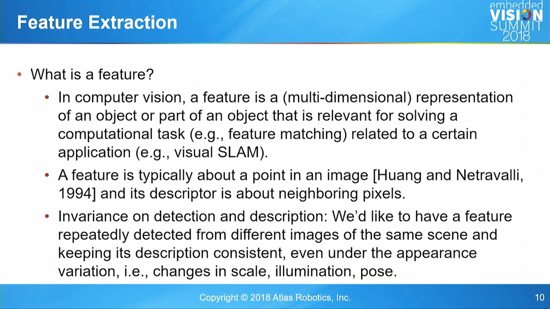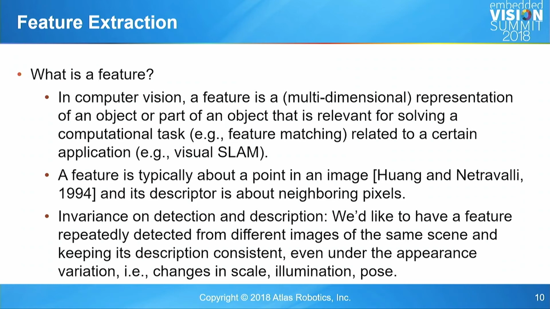So the visual feature, in computer vision, is a multi-dimensional representation of an object or part of an object, typically focused on a particular point. It is purely numbers from the computer or algorithm perspective, and hopefully that feature is visible from one image to another.